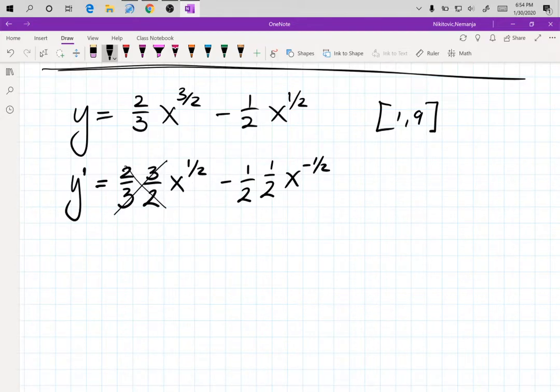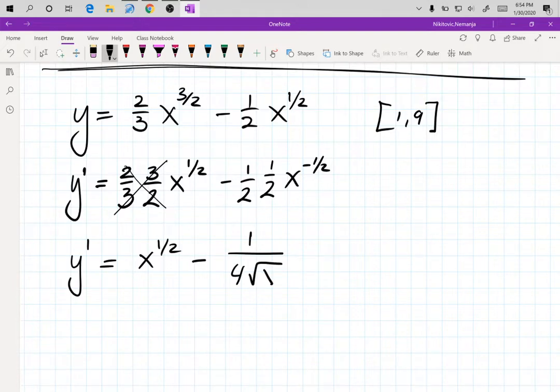These completely cancel. y prime is x to the 1/2 minus 1/4 x to the negative 1/2. Well, you can call it root x if you want to. I will let you meditate on the derivative.